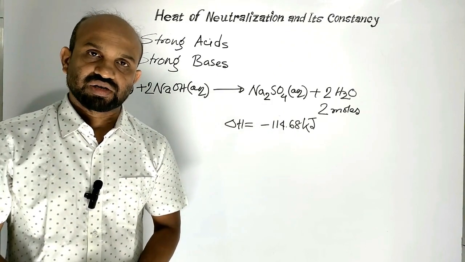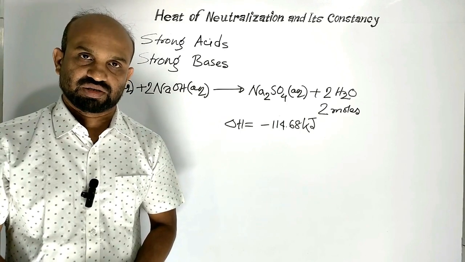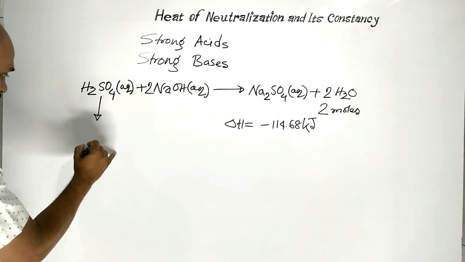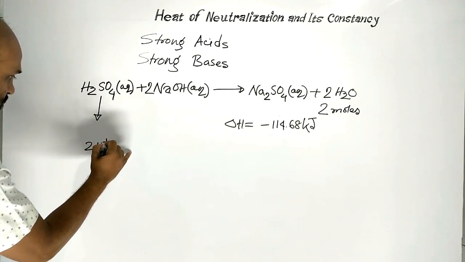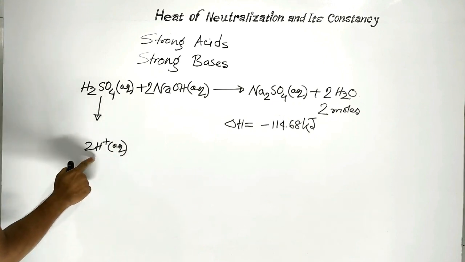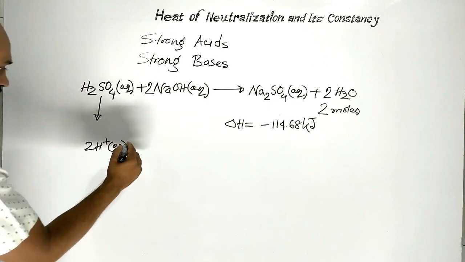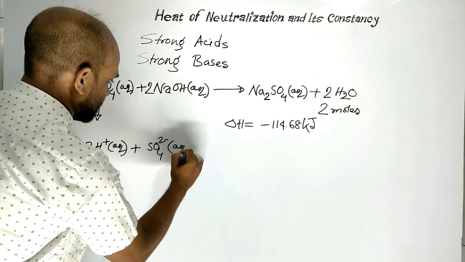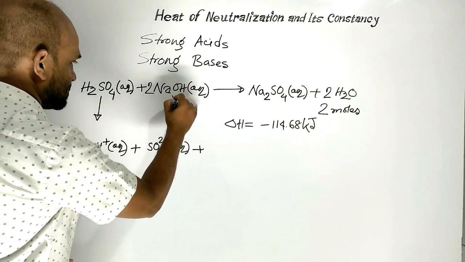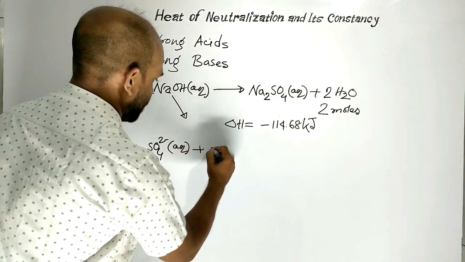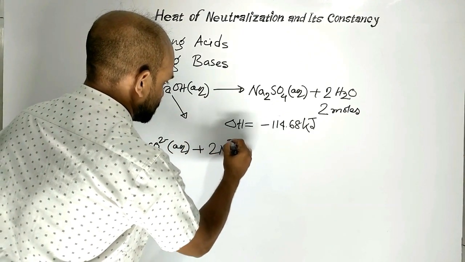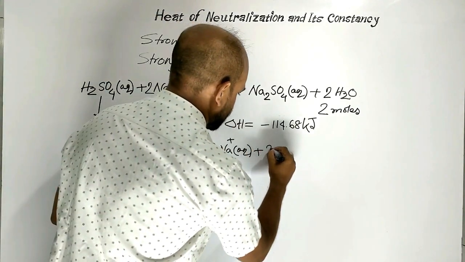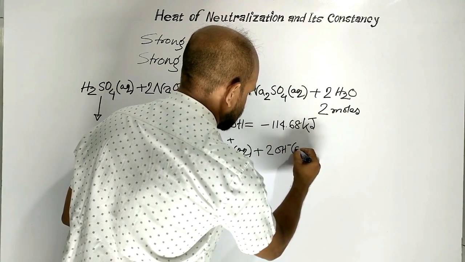Now let us try to see the constancy of heat of neutralization. Sulfuric acid ionizes fully to form 2 hydrogen ions and sulfate ion. Sodium hydroxide ionizes fully to form 2 sodium ions and 2 hydroxide ions.